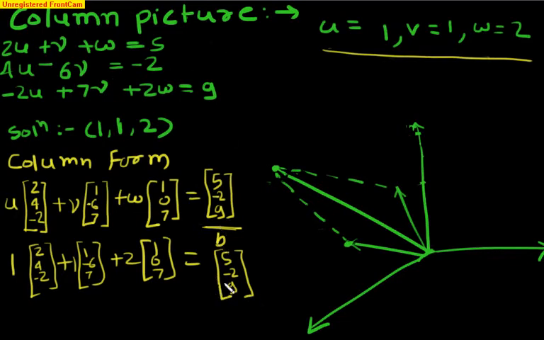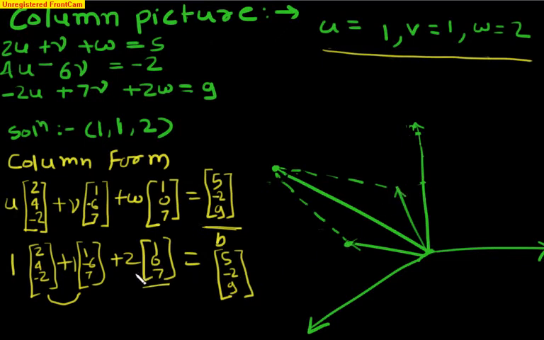Okay friends, now come. This is a vector graph. I have combined this and this two columns here, and this single column here.